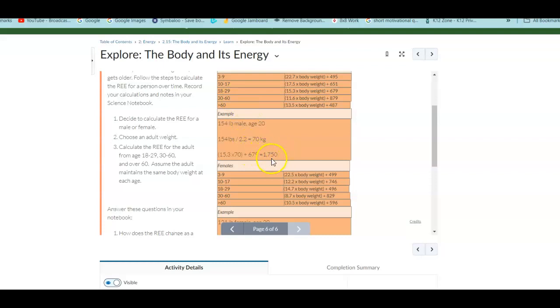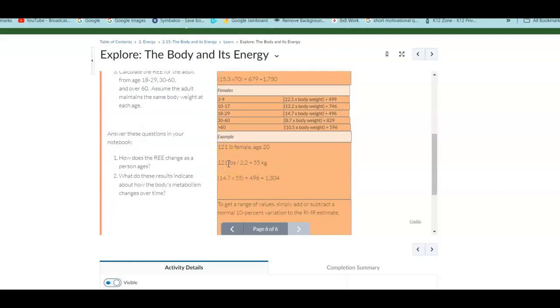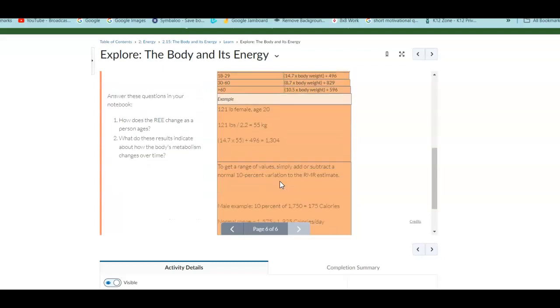And that gave us our resting energy requirement of 1750. Okay, for females it's a little different. You can see a 121 pound female uses 1,304 calories, the resting calories.